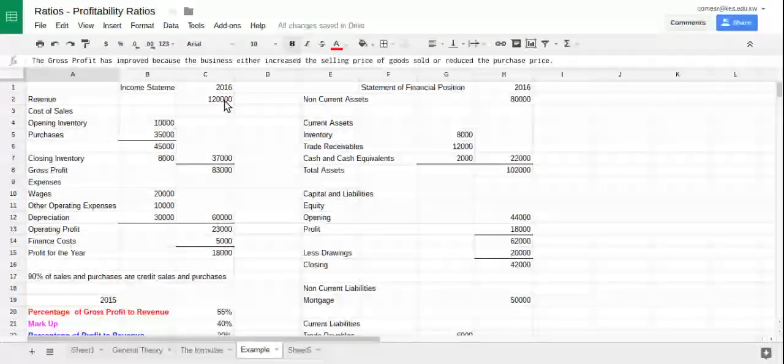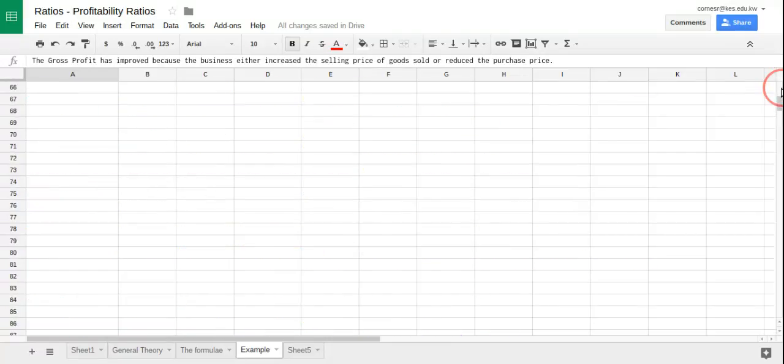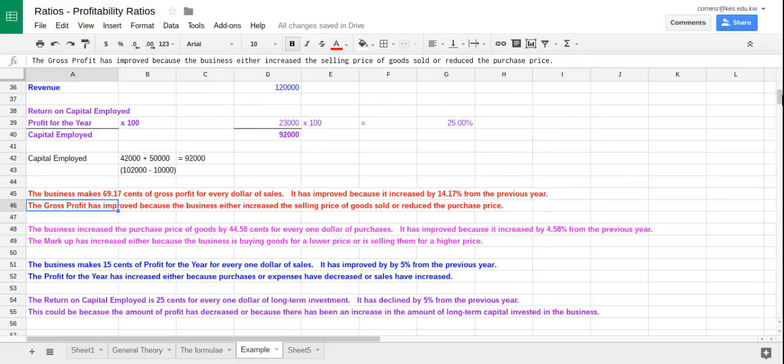If we doubled the sales, we would have 166,000 of gross profit. 166,000 divided by 240,000 is the same percentage. So it's the selling price or the purchase price for the first two ratios. Very important. You'll lose marks in an exam.